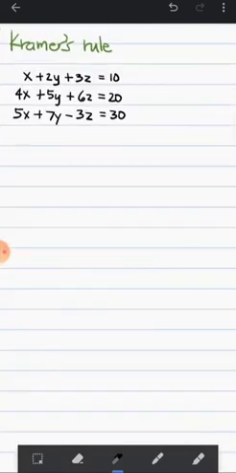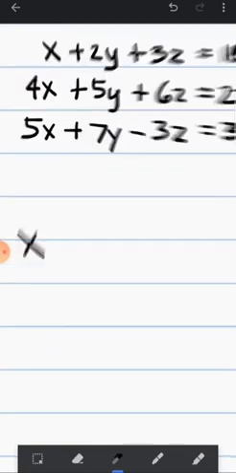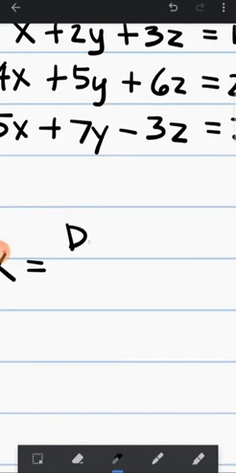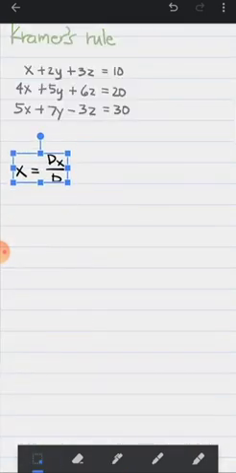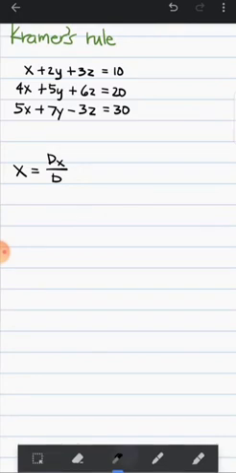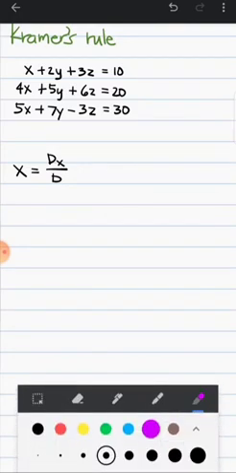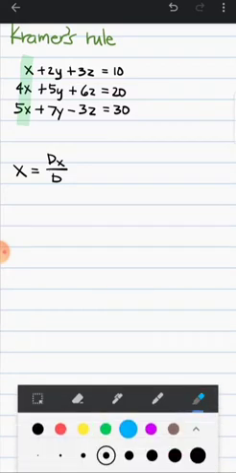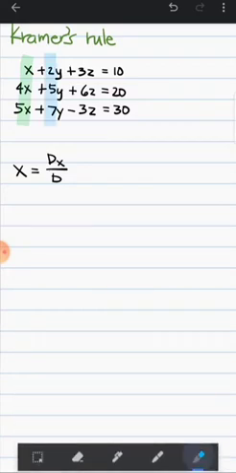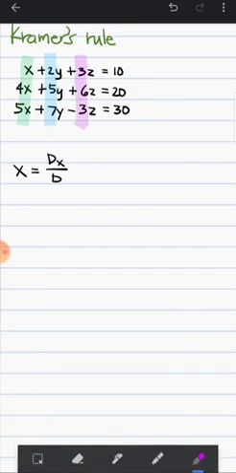So to set up this, as we said in the previous video, x is equal to the determinant of x over D. So to set up this, you just have to identify what the determinant of x is. So you label it. This is all for x. This is all the coefficients of y and the coefficients of z.